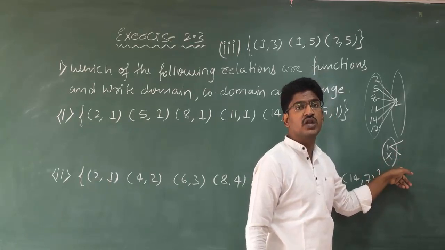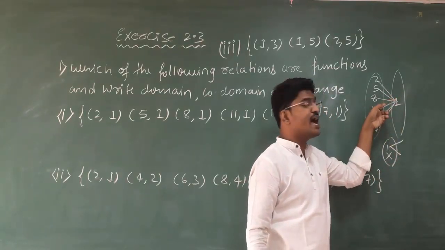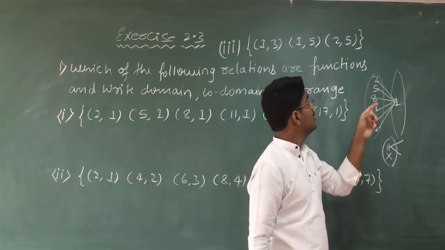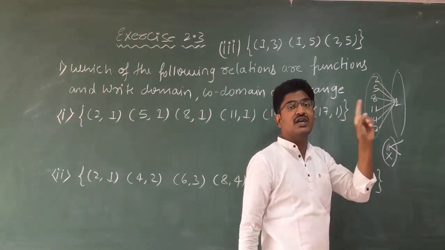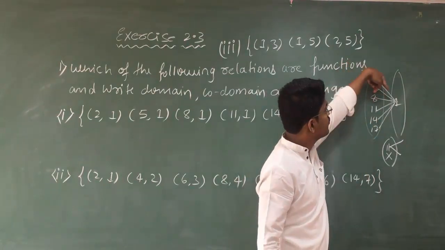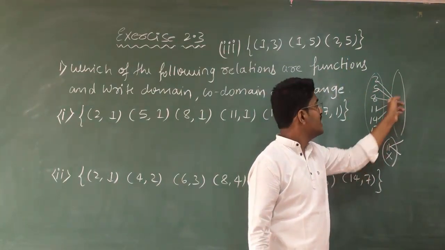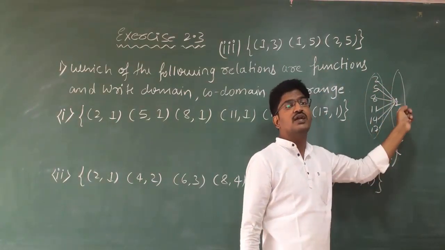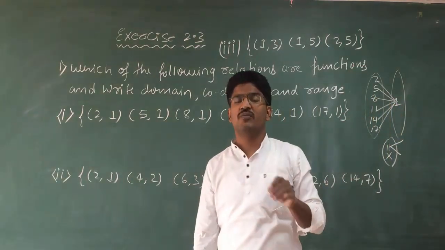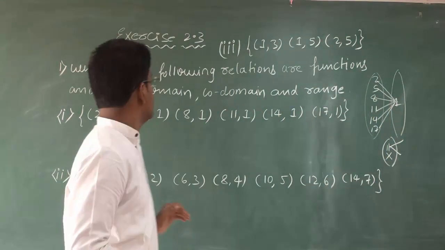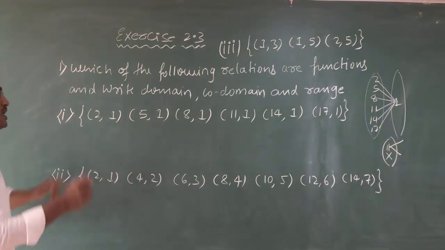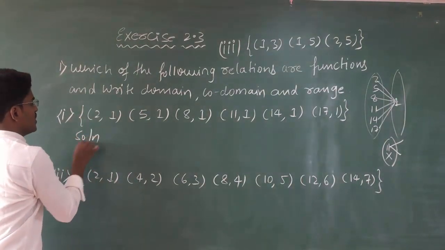This is not unique. Here it has only one arrow, that is unique. Clear? All the elements have single arrows. From 2 there is one arrow, from 5 one, from 8 one, from 11 one, from 14 one, from 17 one. That means all the elements of the domain have unique images. That's why the relation is a function. Clear?